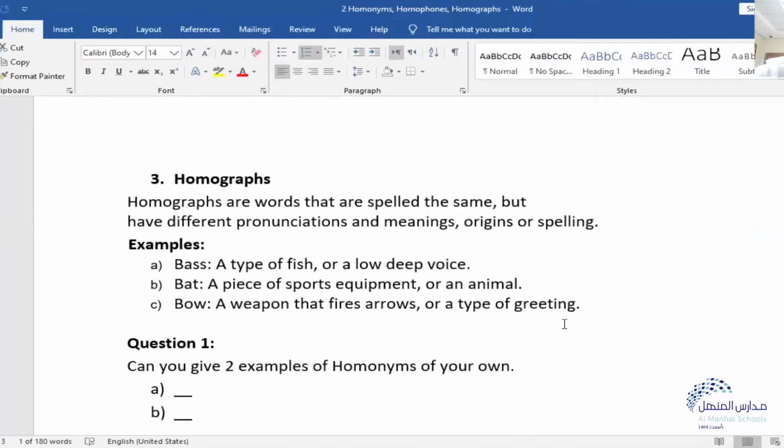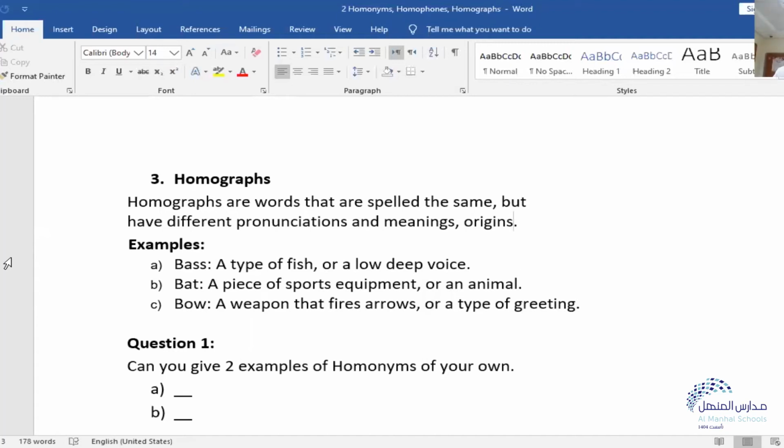Homophones. And homographs are words that are spelled the same but have different pronunciation, different meanings, and different origins, right? So think of the word bass and bass.